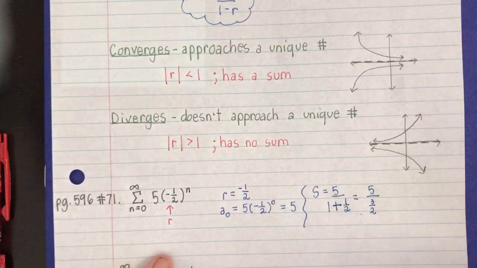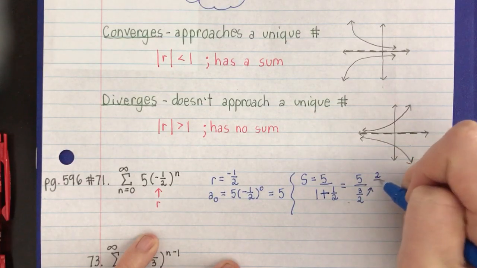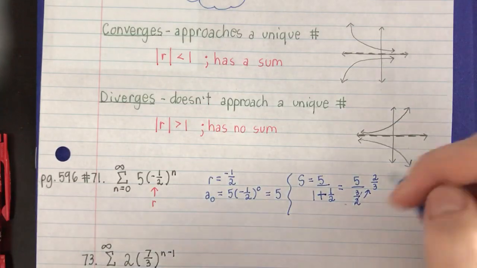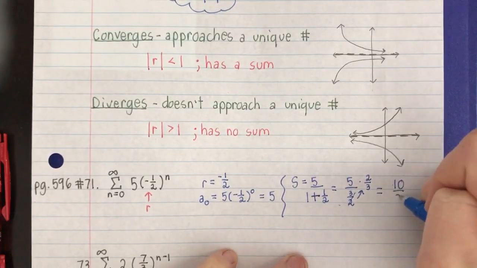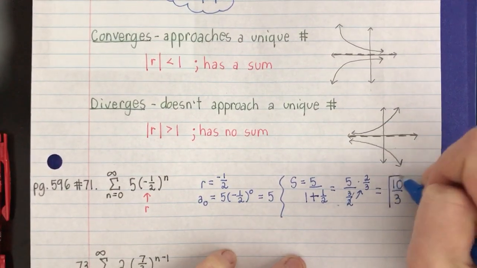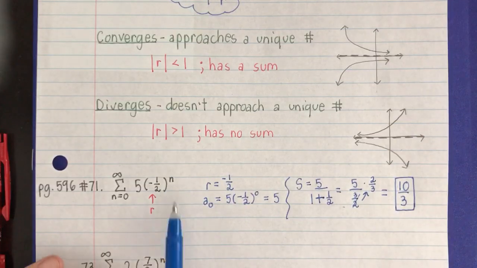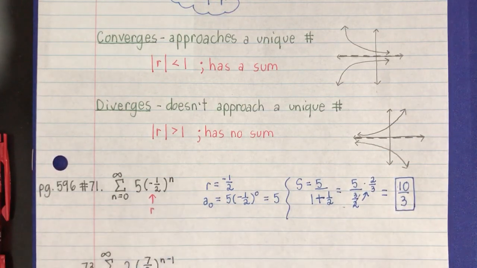You can't keep a fraction within a fraction, so multiply by the reciprocal, 2/3. 5 times 2/3 is equal to 10/3. So 10/3 is the value that this approaches.